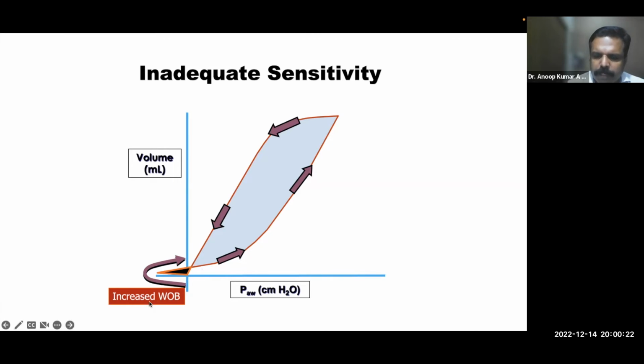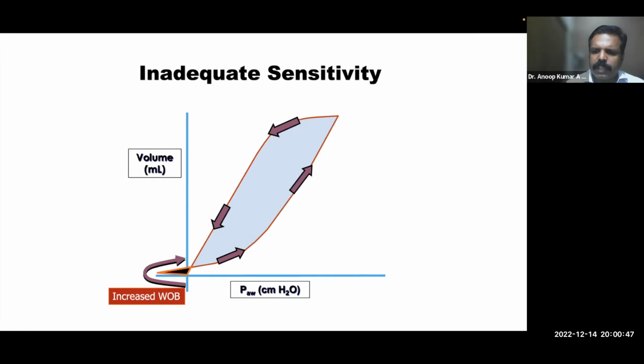And there is always a misconception. I've seen many people doing that. Suppose the patient is becoming too tachypneic in an ICU. There can be many reasons for that. If the patient is febrile, or has a very bad lung, or has sepsis, or is too agitated, or your sedation is not proper, the patient can have tachypnea.